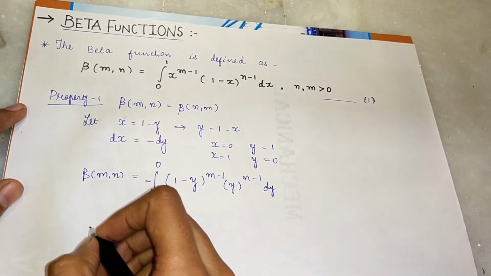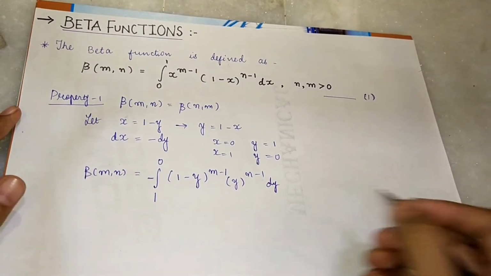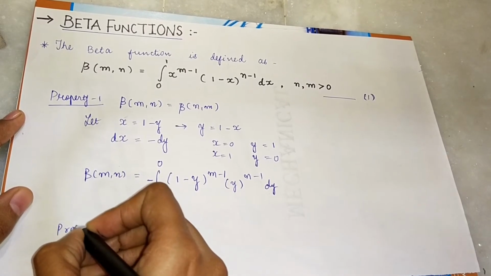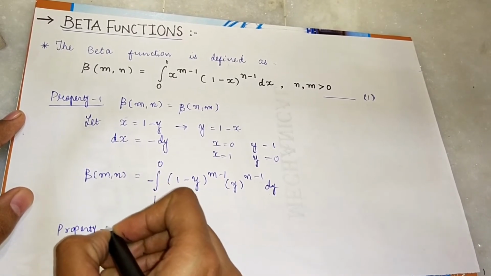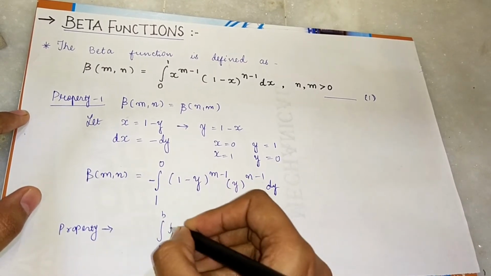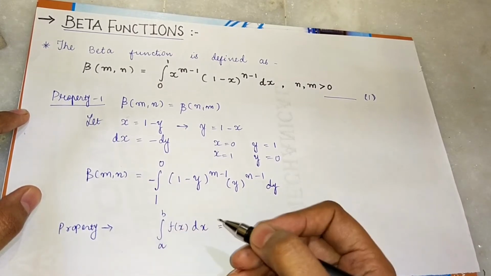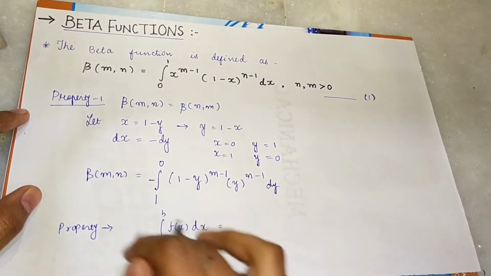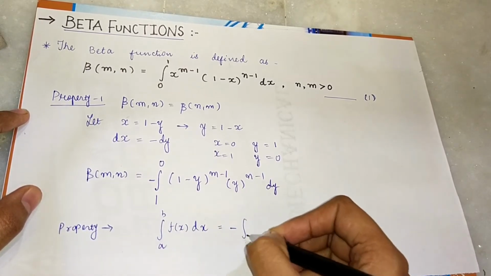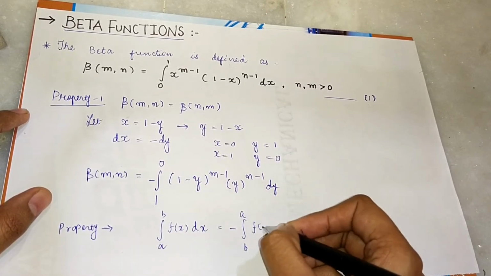Now there is one property of limits you have to remember: whenever you change the limits, if integral a to b f of x dx is there, and you want to make this integral negative, then you have to change the limits, so it becomes integral b to a f of x dx.